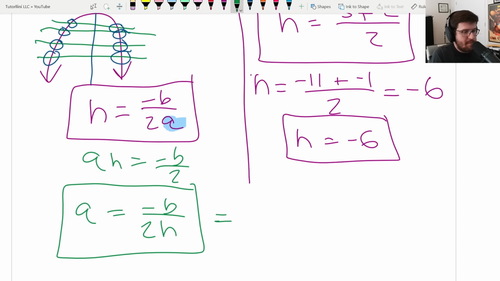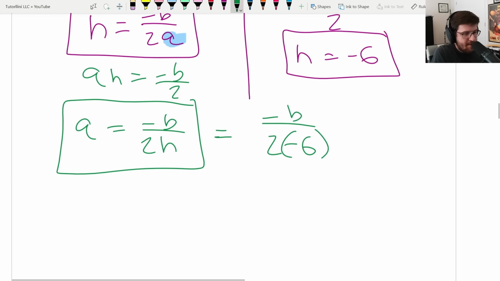Now I'm going to put in the h of negative 6, and I get negative b over 2 times negative 6, and that's negative 1 over negative 12 b, so that's going to give me positive 1/12. So a is equal to 1/12 b.